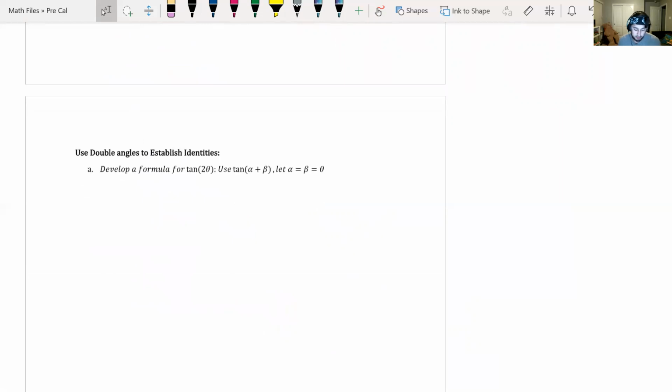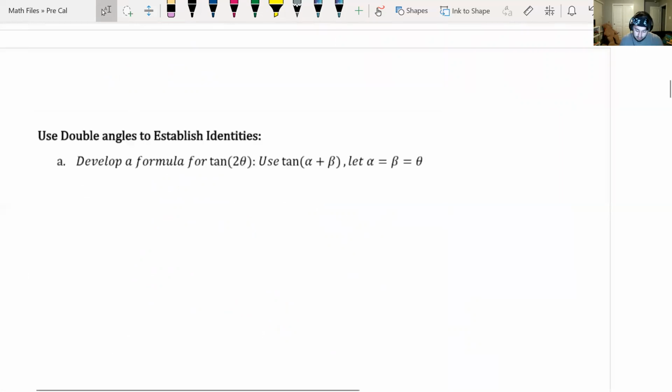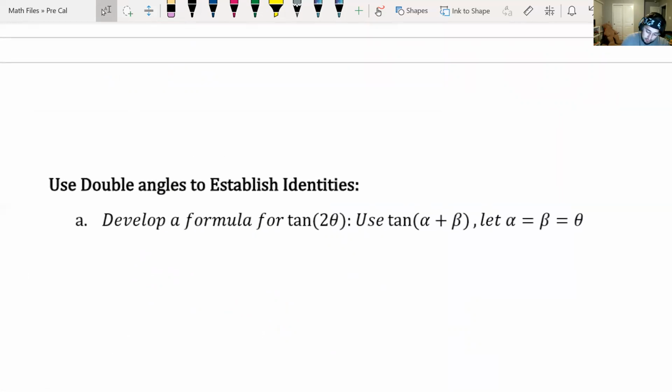All right. Use double angles to establish identities. So we made a formula for sine 2 theta. We made a formula for tangent 2 theta. We made a formula for cosine 2 theta. Now let's make a formula for tangent 2 theta using the sum formula for tangent. Now, if you remember that, I'll write it down.